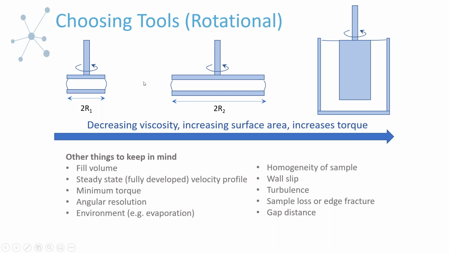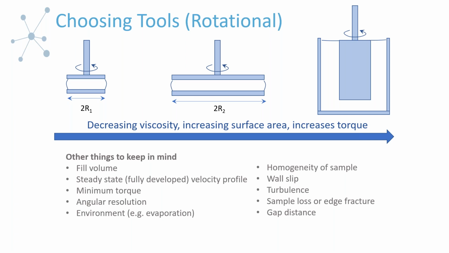It's a little different when you're looking at changing tools for rotational instruments. The general rule of thumb is that what's really going to matter in terms of looking at the different viscosities is whether you are in the acceptable torque range for your instrument. One thing that's going to impact that is the surface area that your fluid is in contact with. So what you would generally do is move from left to right as you decrease your sample viscosity. High viscosity materials you would use with small parallel plates, like I've drawn here, or small radii cone and plate geometries.